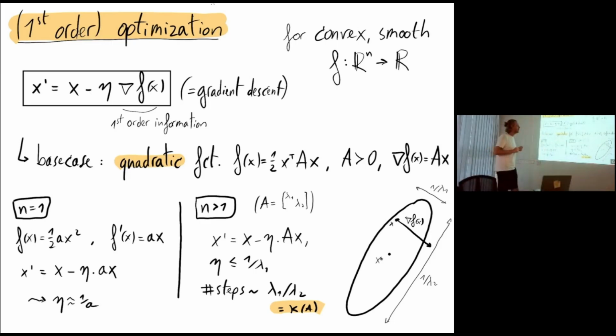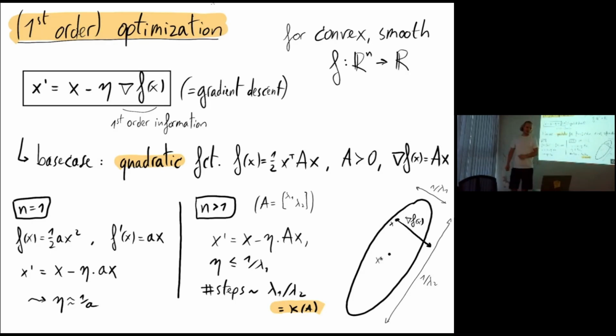In both coordinates you would be improving, but in order not to overshoot, you actually have to take a very short step length, right? The step size, eta, will be bounded by 1 over lambda 1, where lambda 1 is the largest a value. So we don't want to take eta larger than that, or we're grossly overshooting. That means we can only take tiny steps, but we need to cross a large distance in that direction.